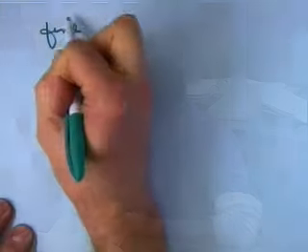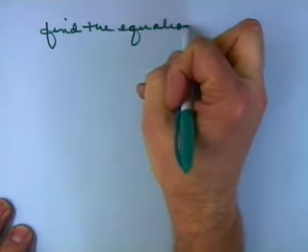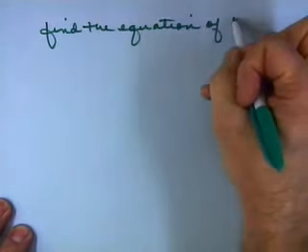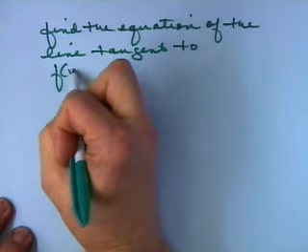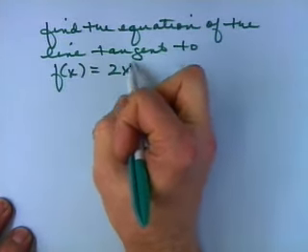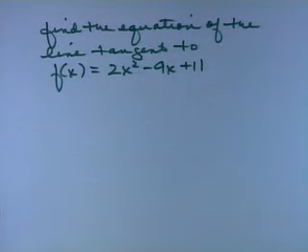In fact, let's go back to that first example and add to the problem. Let's say we want to find the equation of the line that is tangent to this function. That function ought to look familiar. That's the one we just used, I hope.